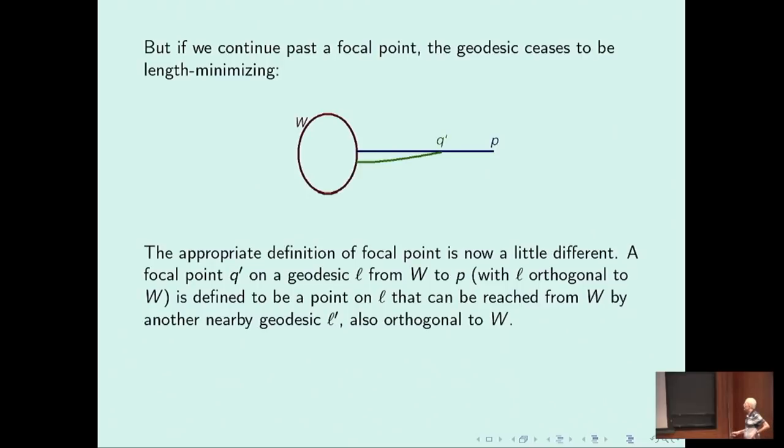A focal point is a point Q prime on the geodesic from W to P, such that this segment can be deformed to the green segment, which is supposed to be another nearby geodesic also orthogonal to W. So that's a focal point. This is a focal point if this segment can be deformed to a nearby segment that's also an orthogonal geodesic from W to P.